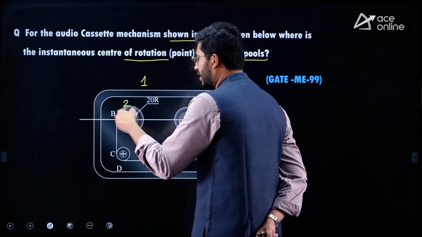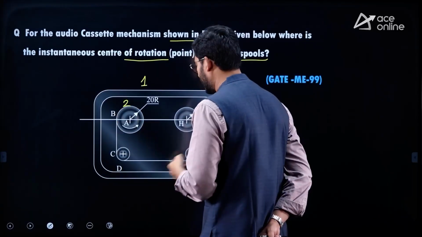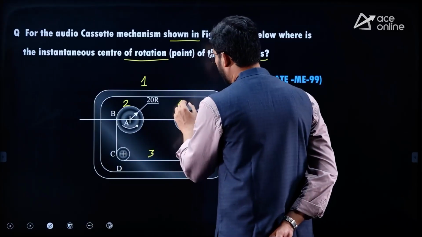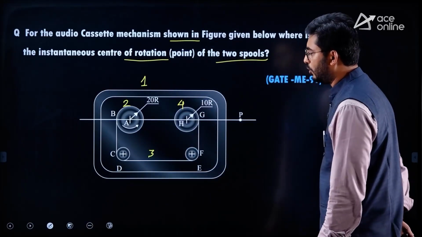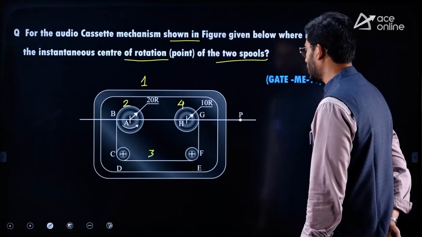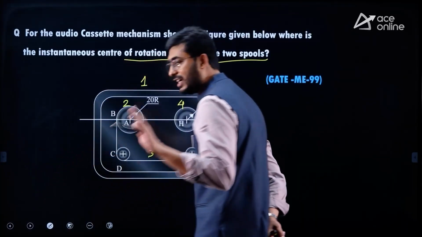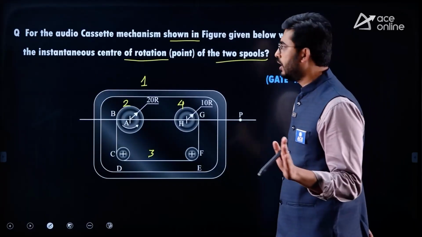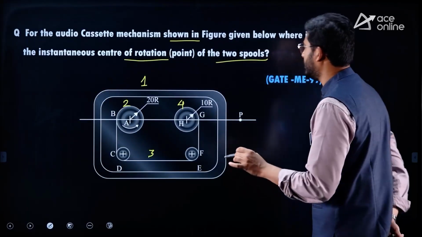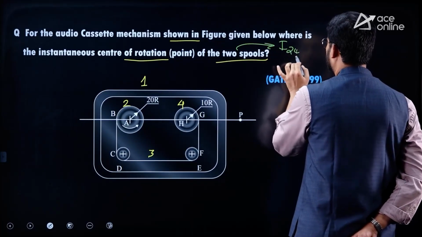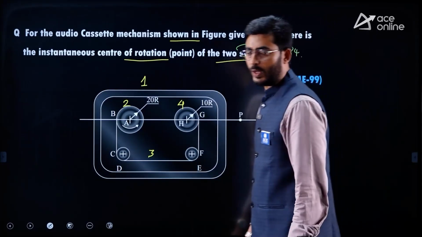Let's call this bigger spool link number 2, the tape or the belt link number 3, and the smaller spool link number 4. So as per the question, they are asking us to locate the instantaneous center for both spools, which means it's I24 that needs to be located.